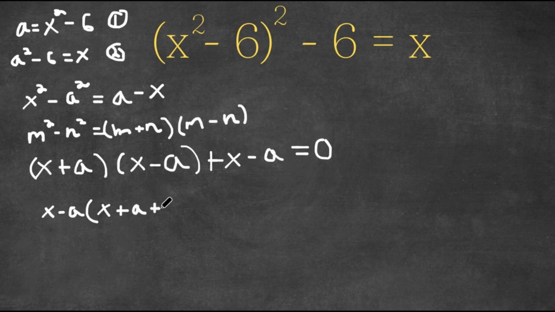So we have (x − a)(x + a + 1) equal to 0. This gives us two equations. We have x − a is equal to 0, and if we add a on both sides, we simply get x is equal to a.